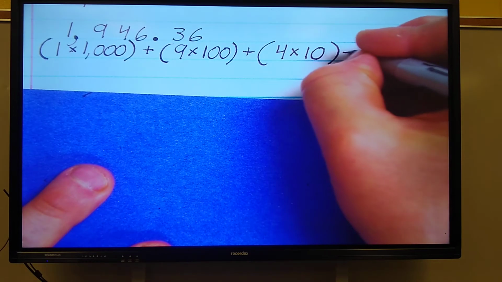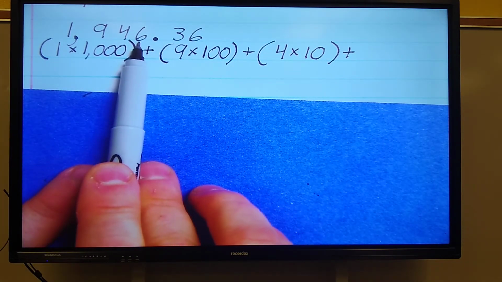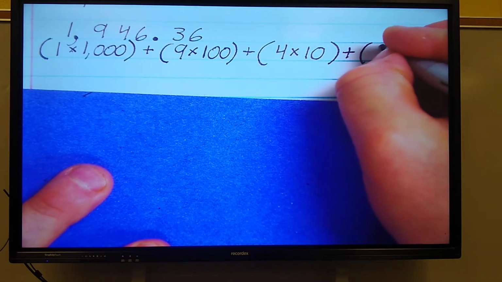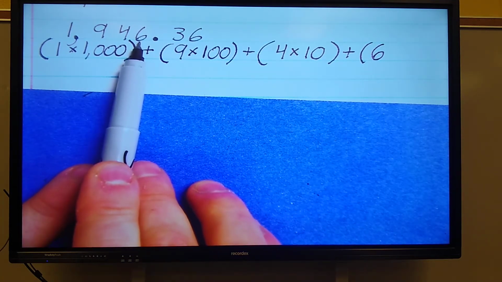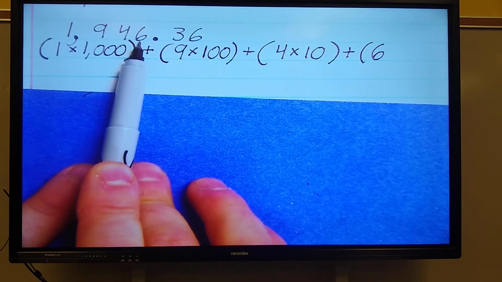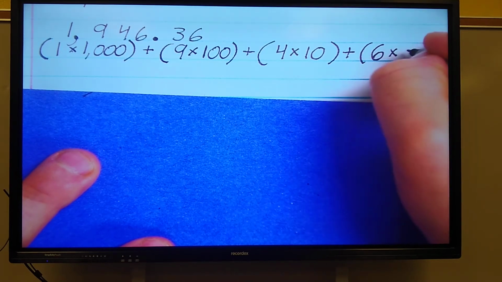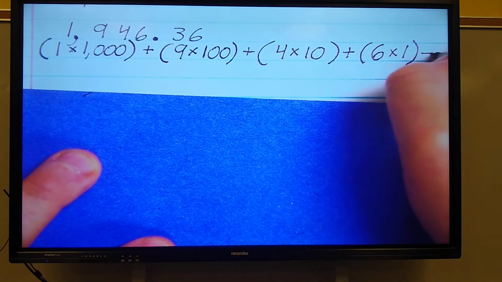Then we do another plus sign. Go to the next digit, a 6. So a parenthesis, a 6. The 6 is in the ones place, and the value is 6. But it's in the ones place, so it's 6 times 1. Parentheses. Then a plus sign.